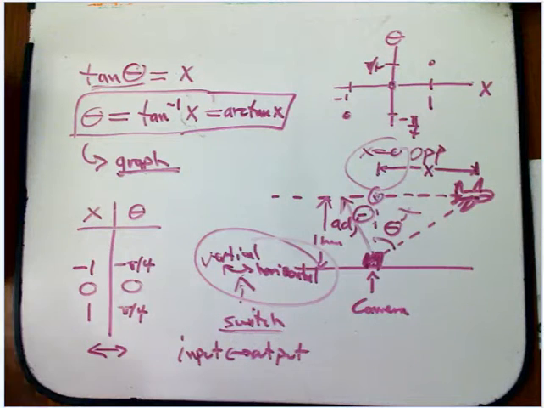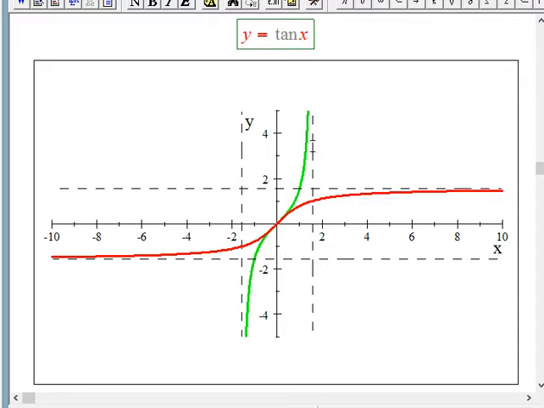So a good way to check that we really are getting a good inverse graph is that when the original function went vertical, in particular had a vertical asymptote, that automatically is going to create a horizontal asymptote in the graph of the inverse tangent function. Okay, and we'll go back to our actual applied problem to make sure that even in the applied problem that really makes sense too. Similarly, there's a vertical asymptote here, and that's corresponding to a horizontal asymptote out here.